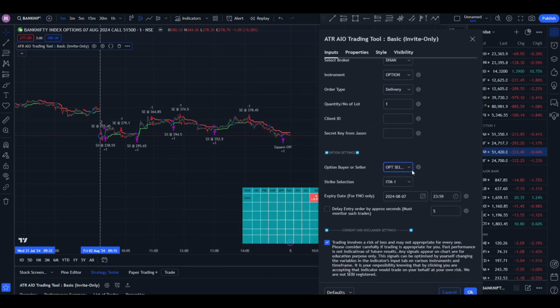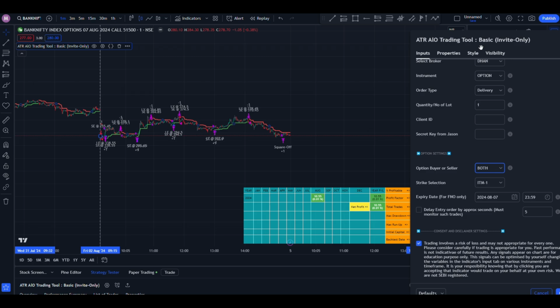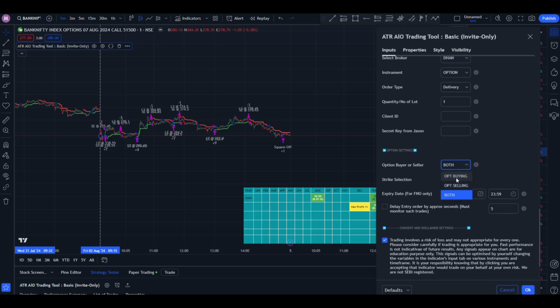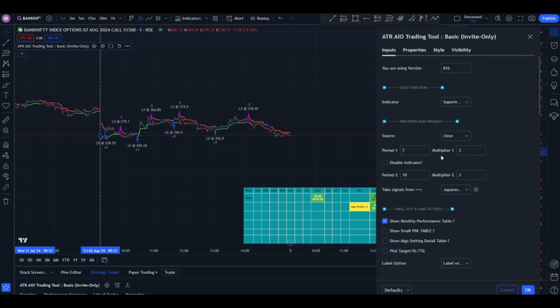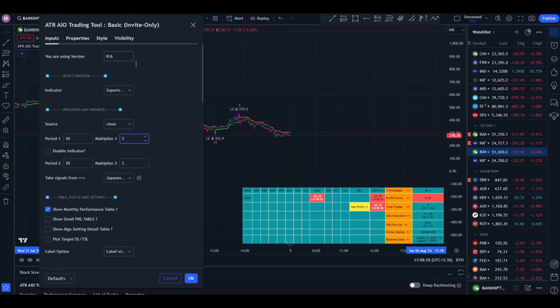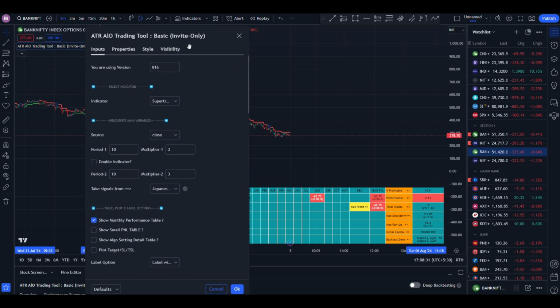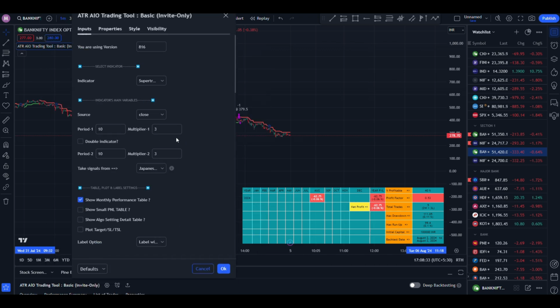Depending upon your setting, if you use both settings, then you get almost 10 points. And suppose it's option buying, and let me change the settings to some other values, like let's say 10, 10, 3. It is almost a 62 point loss. Let's say 3, 3.